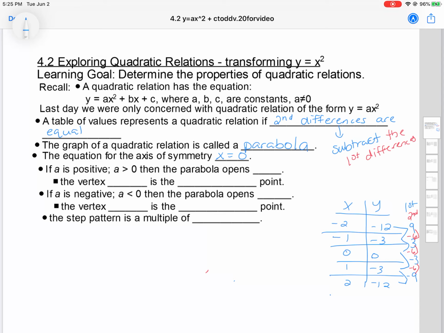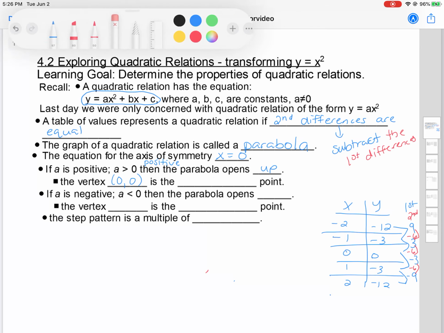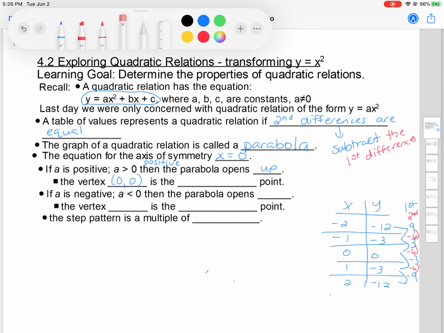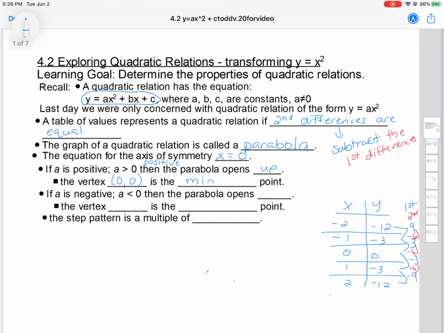If the value out front of the x squared, the a value, just like in the last unit, since we've already been dealing with standard form, is greater than 0, or positive, then it opens up, which means the vertex of 0, 0, the bottom point, is a minimum. Every other point is greater than the vertex.